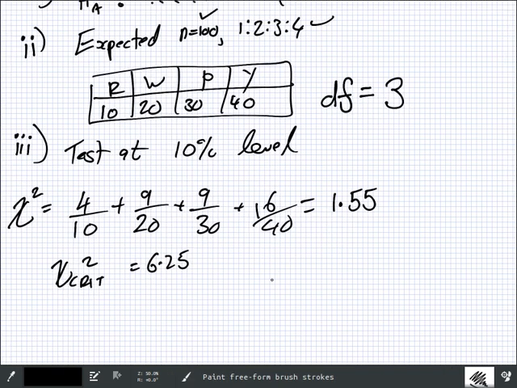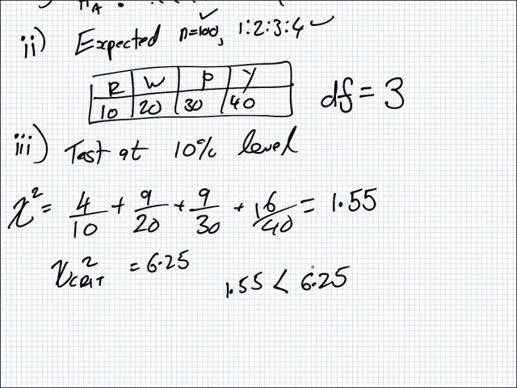Now, 1.55 is less than 6.25. So, is it rejected or not? It's not too big. So we do not reject the null hypothesis.